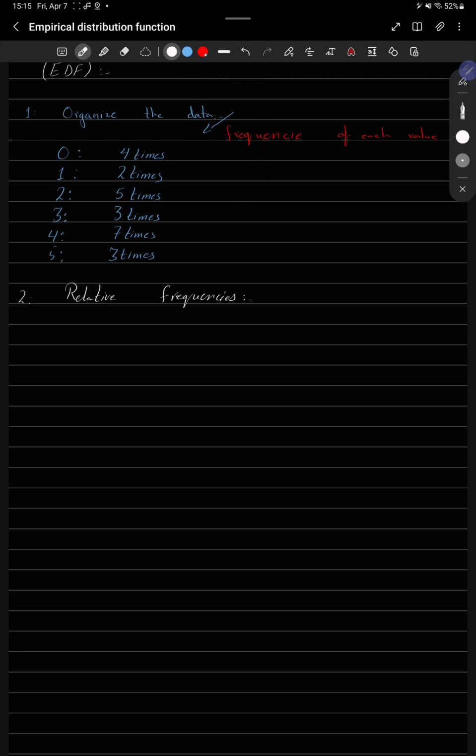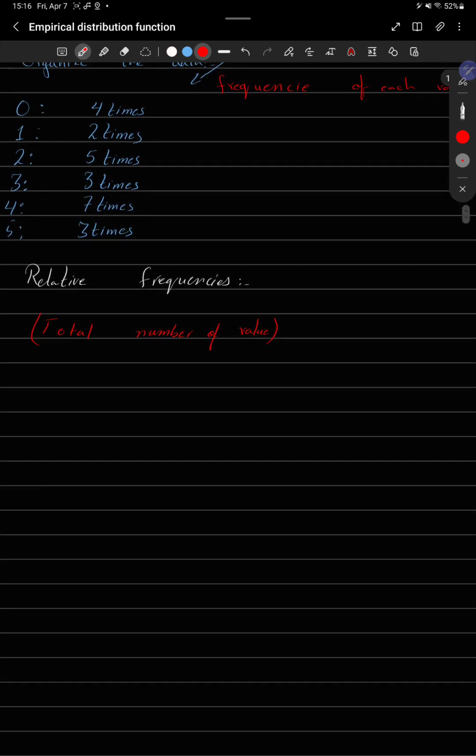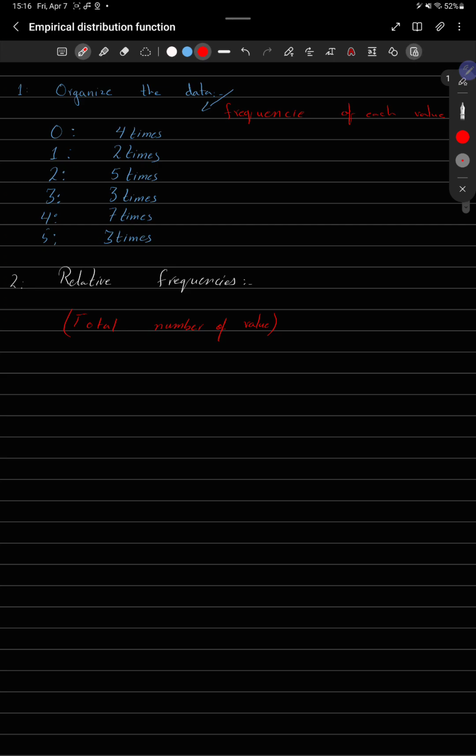So relative frequency is the frequency of each value divided by the total number of values.